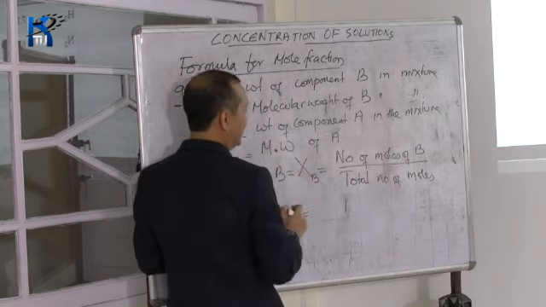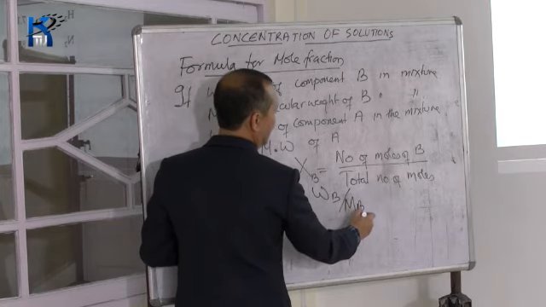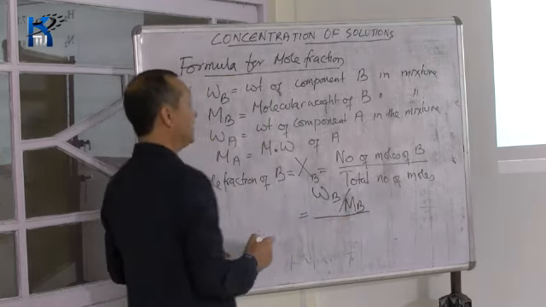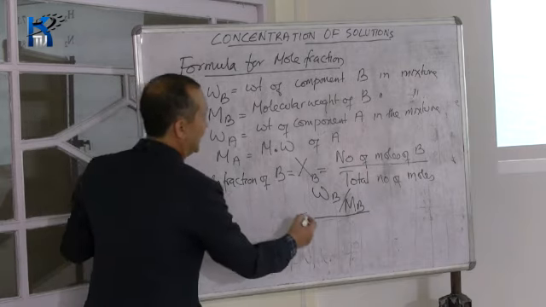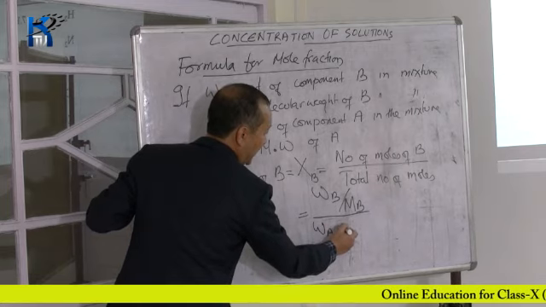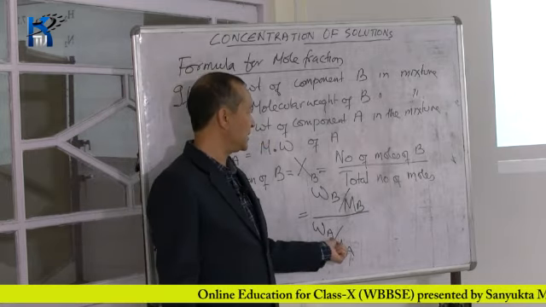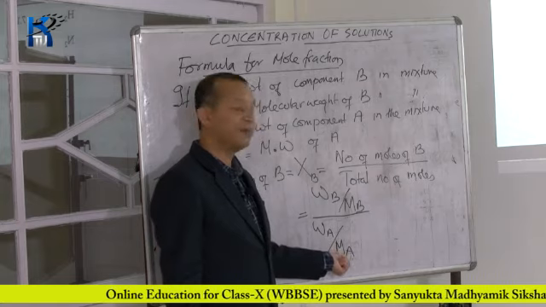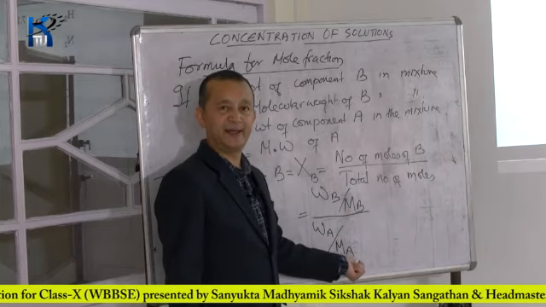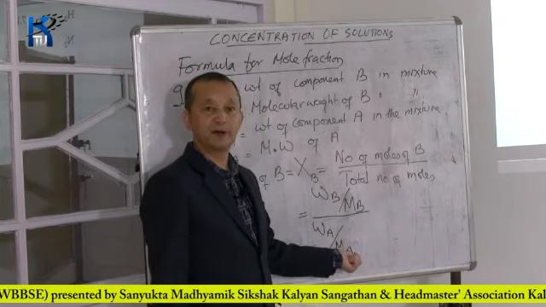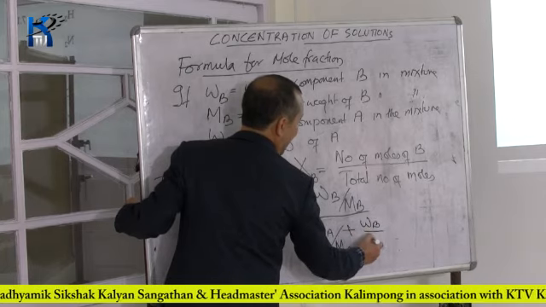Number of moles of B, I told you, is equal to weight of B divided by molecular weight of B. And the total number of moles is the number of moles of A, WA by MA, because WA is the weight of A and MA is the molecular weight of A. So WA upon MA plus WB upon MB.